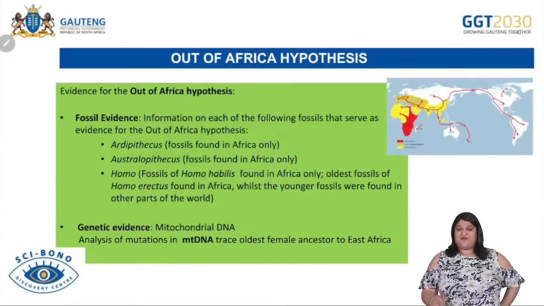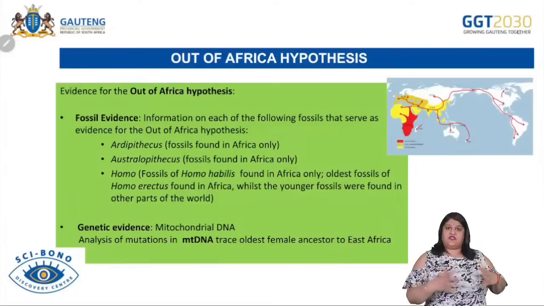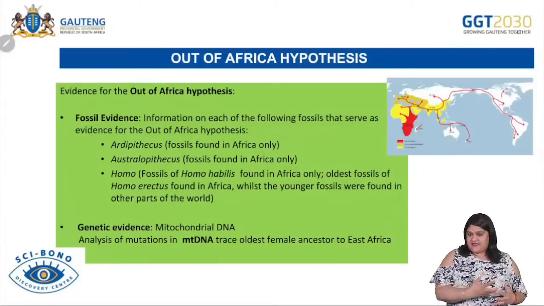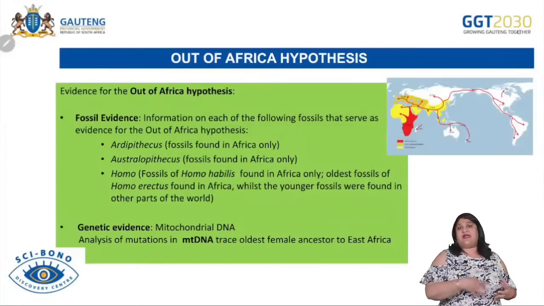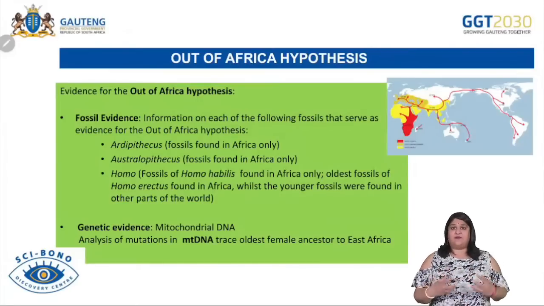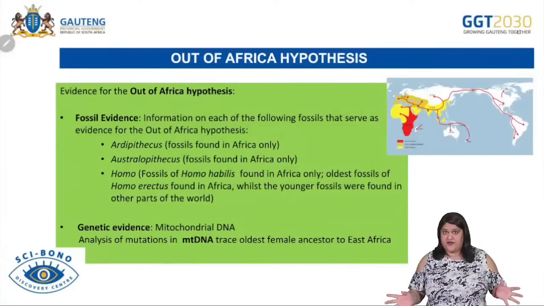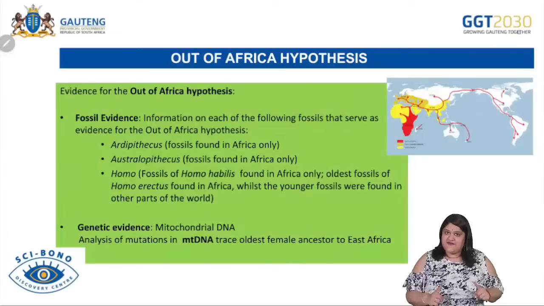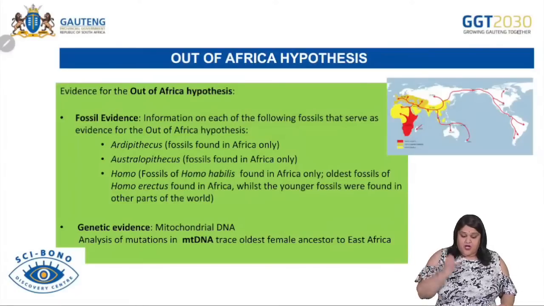Lastly, the out of Africa hypothesis. Mainly what you need to understand is that eventually as the organisms evolved and the species evolved, when they became Homo erectus, and they were able to be fully bipedal, they actually moved out of Africa to other continents. What is the evidence of this? From your examination guideline, the fossil evidence is that the Ardipithecus fossils and the Australopithecus fossils were only found in Africa.